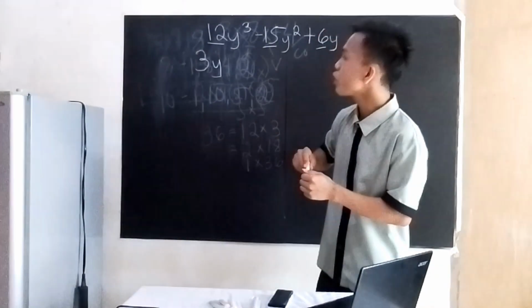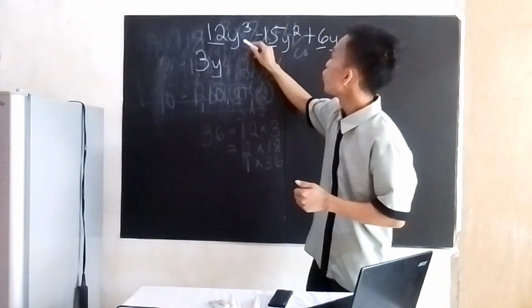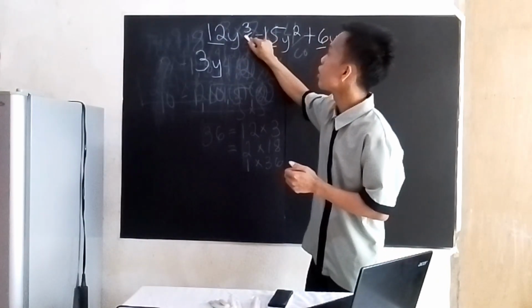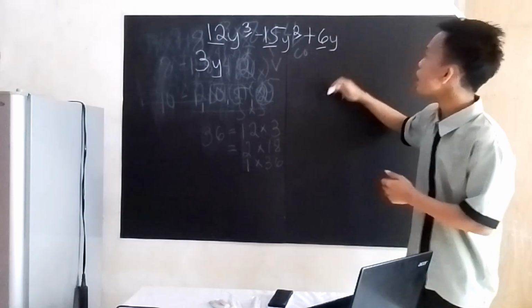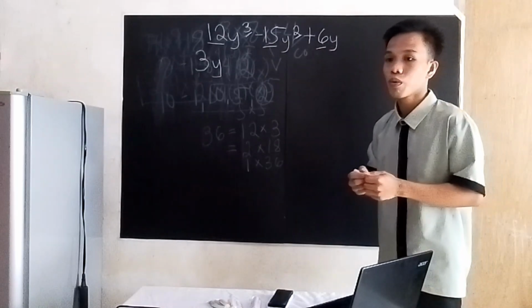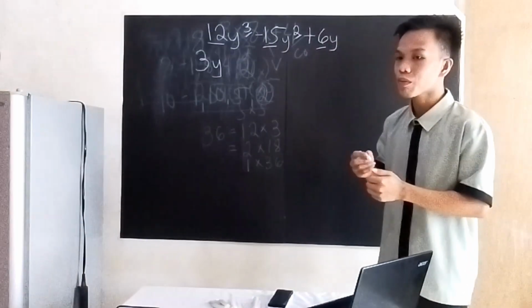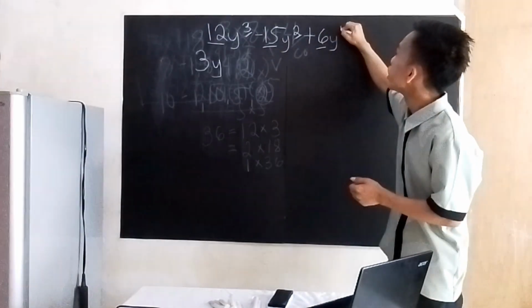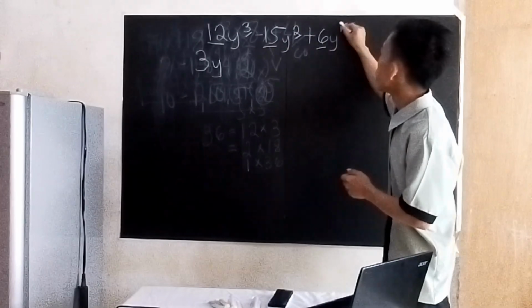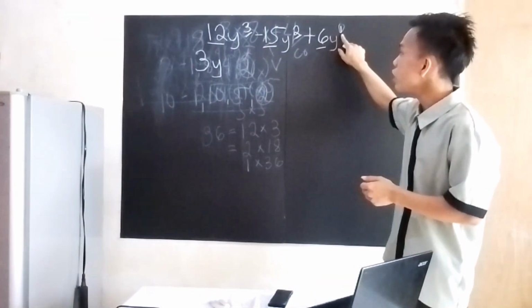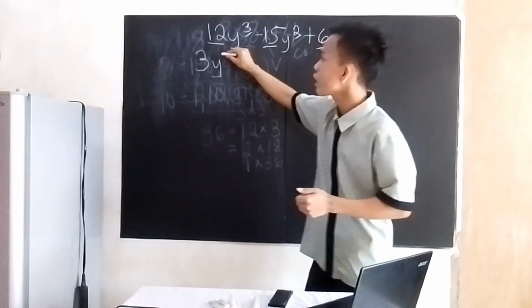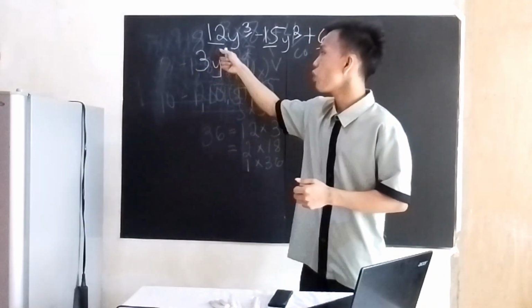We are just going to look at the exponent. To find the exponent, we are just going to look for the lowest. When you see a variable without an exponent, it doesn't mean that the exponent is 0, but instead it has an exponent of 1. So our lowest exponent here is, that's right, Michael, 1. Since the lowest exponent is 1, we are not going to put it in here because it is understandable that 3y has an exponent of 1.